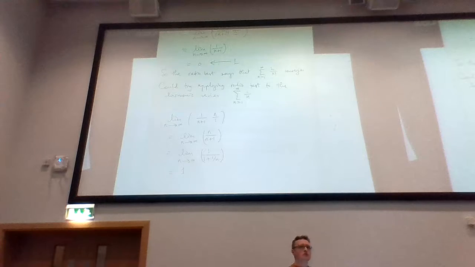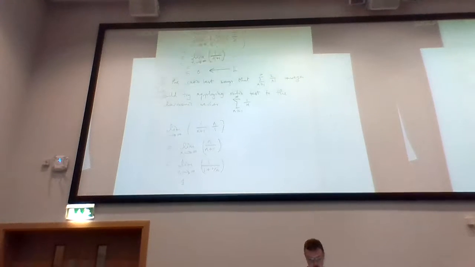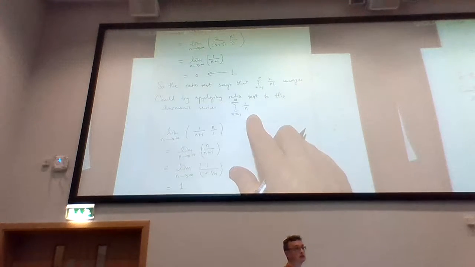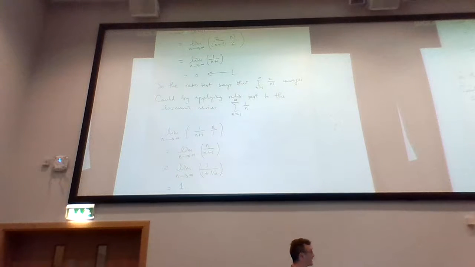Okay, so unfortunately, the ratio test can't say anything either way about the harmonic series. As far as the ratio test is concerned, it might be convergent, it might be divergent.